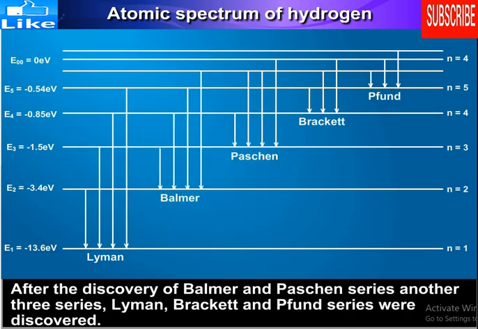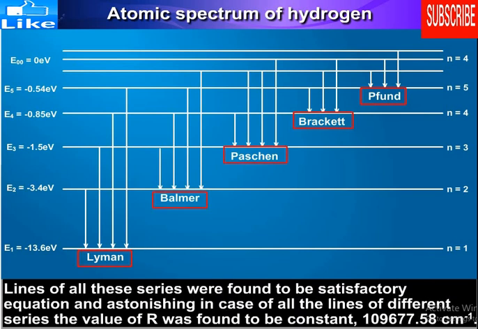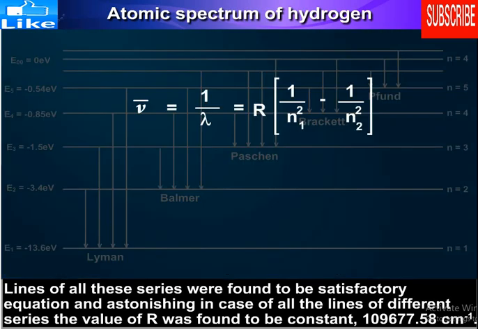After the discovery of Balmer and Paschen series, another 3 series, Lyman, Brackett and Pfund series, were discovered. Lines of all these series were found to satisfy the equation, and astonishingly, in case of all the lines of different series, the value of R was found to be constant, 109,677.58 per centimeter.